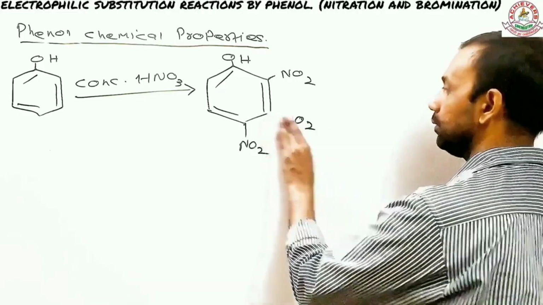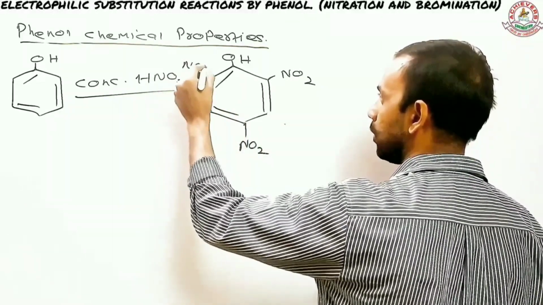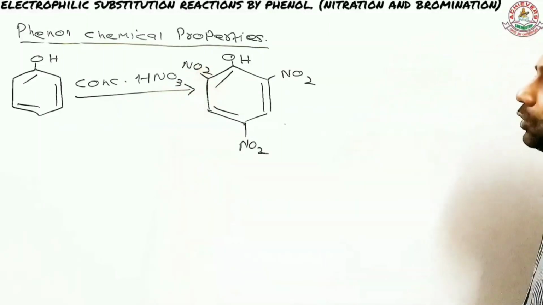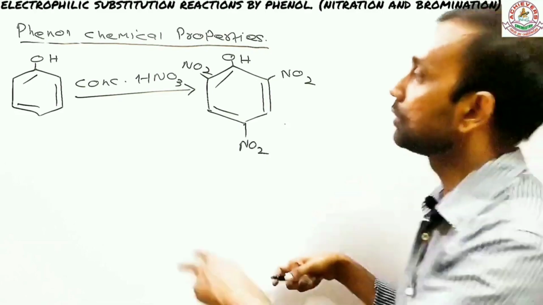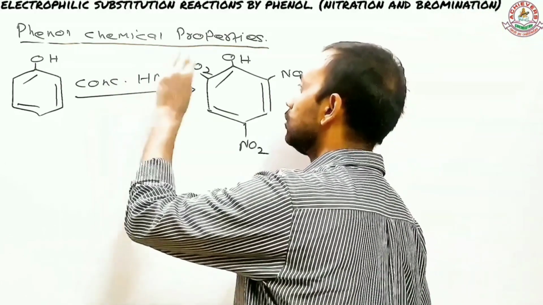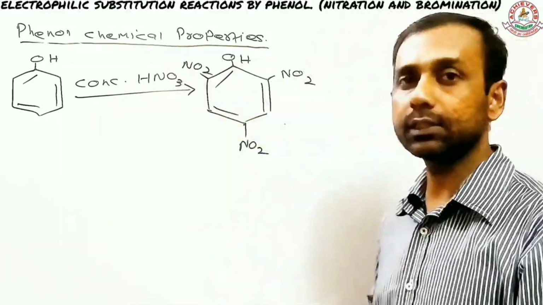Sorry, this is what the condition is, where all three positions are occupied by the nitro group. When you use concentrated nitric acid, all three positions are occupied at the same time. You don't get two results, ortho and para.